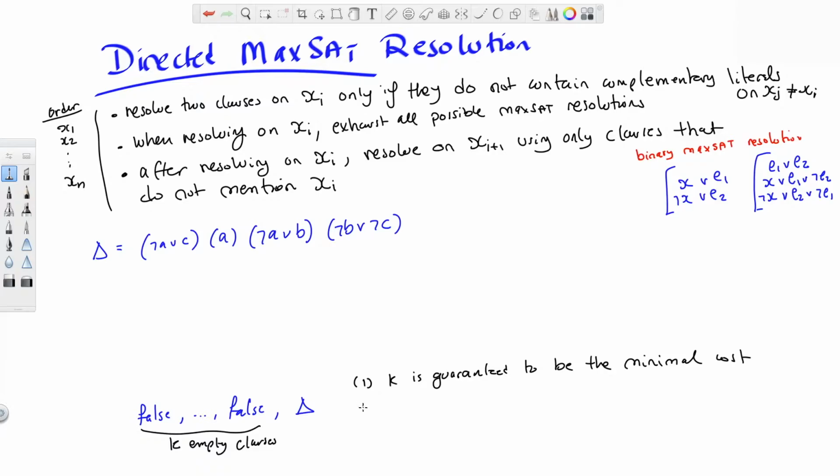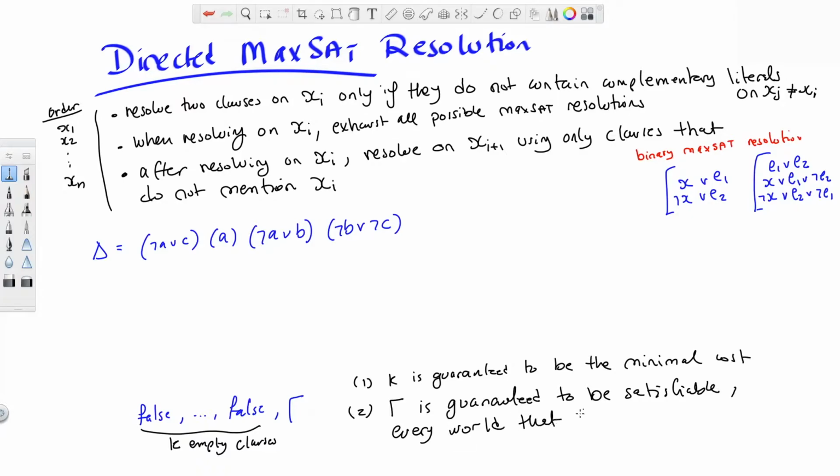And the other more interesting thing is that this delta, actually, maybe I should make this gamma here so that it's different from the original delta. This guy is guaranteed to be satisfiable. And moreover, every world that satisfies gamma has cost k.